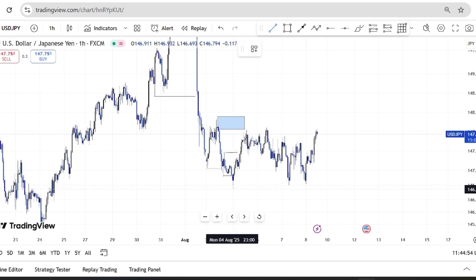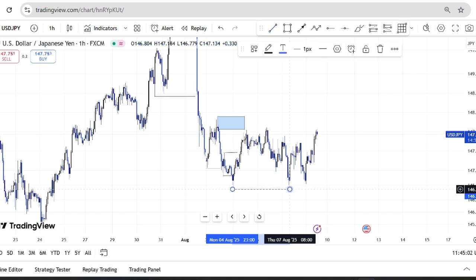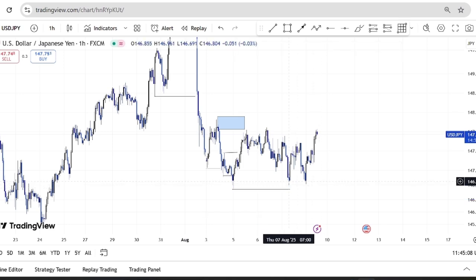As you all know, I don't place my take profit at the exact level. I place it before the liquidity. Why? Because sometimes price reverses before your liquidity point, so I always place my take profit before that point.